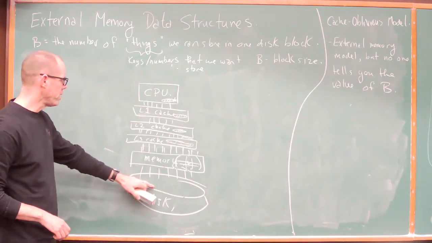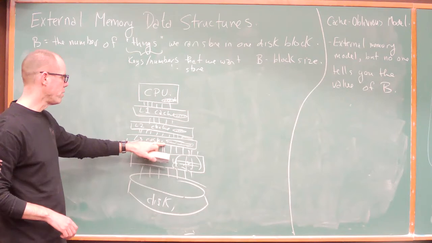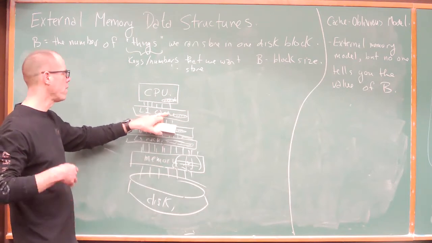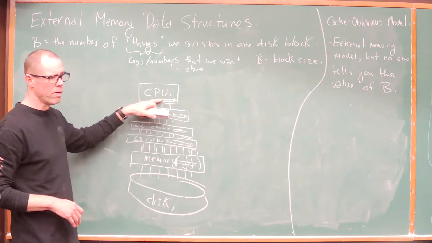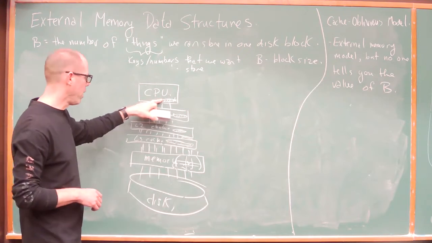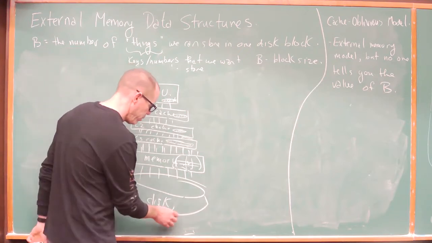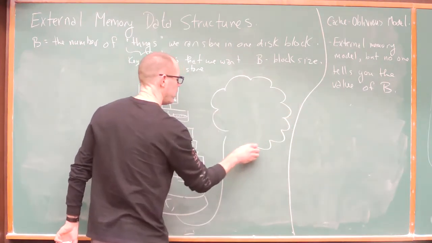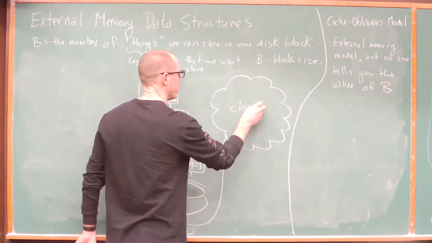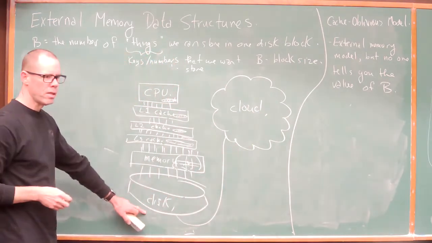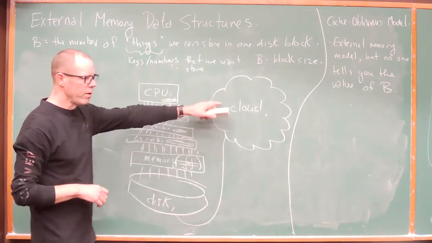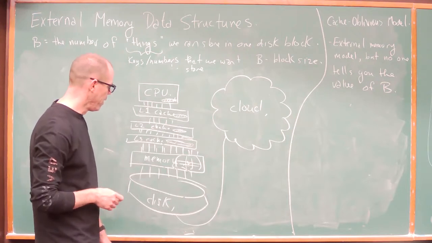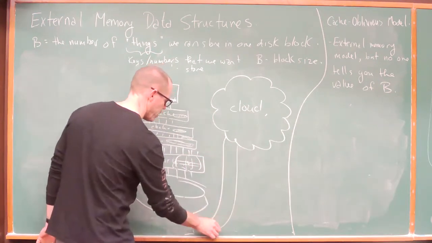And the disk block size is different than the cache line size for L3 cache, which may be different than the cache line size for L2, which may be different than the cache line size for L1, which is definitely different than the register width of your CPU. And today, the data that you want may not even be living on the disk that's inside your computer. It may be living off in the cloud somewhere. So when you ask for a particular piece of data, a whole chunk of stuff comes across the network.